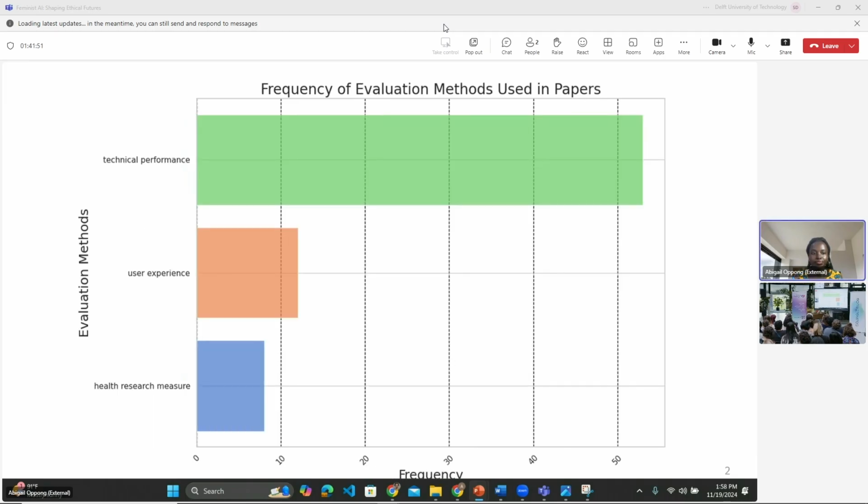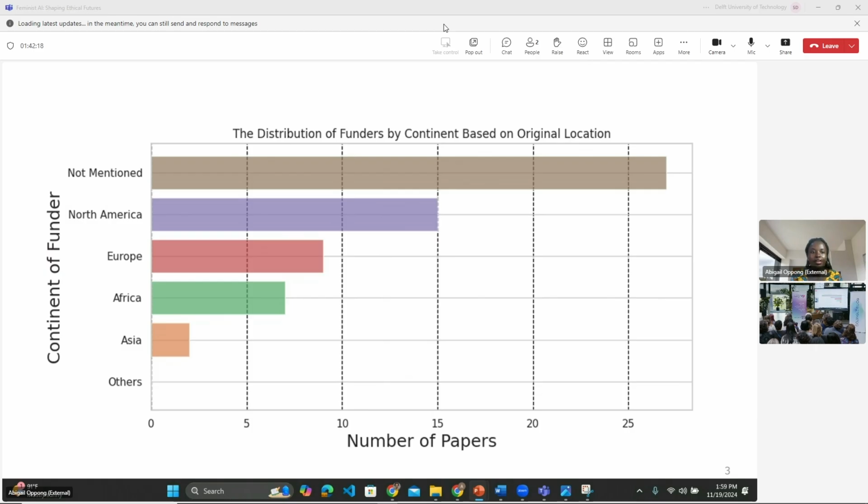It also goes along with the design and prototyping stage because we had technical performance really high, user experience a bit lower, and the health research measure being the lowest. So most projects were focusing on technical performance, and probably not the public health outcome.